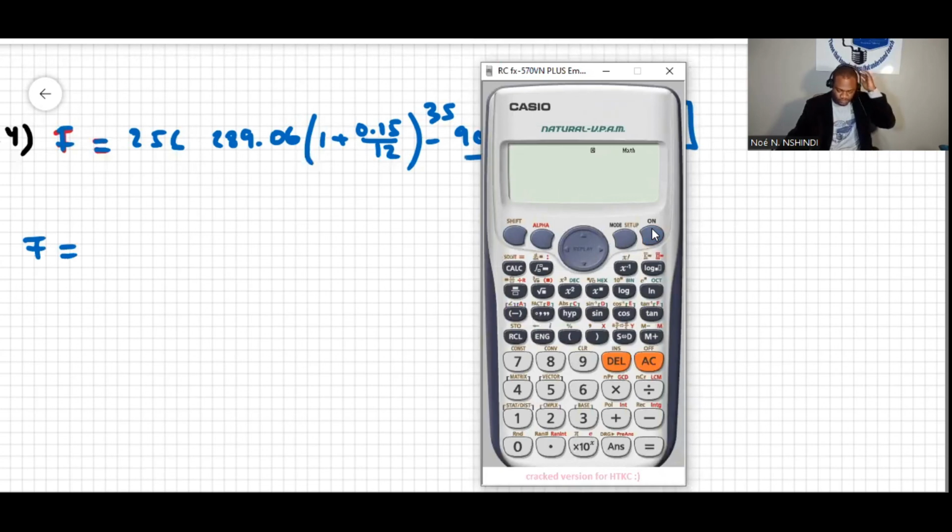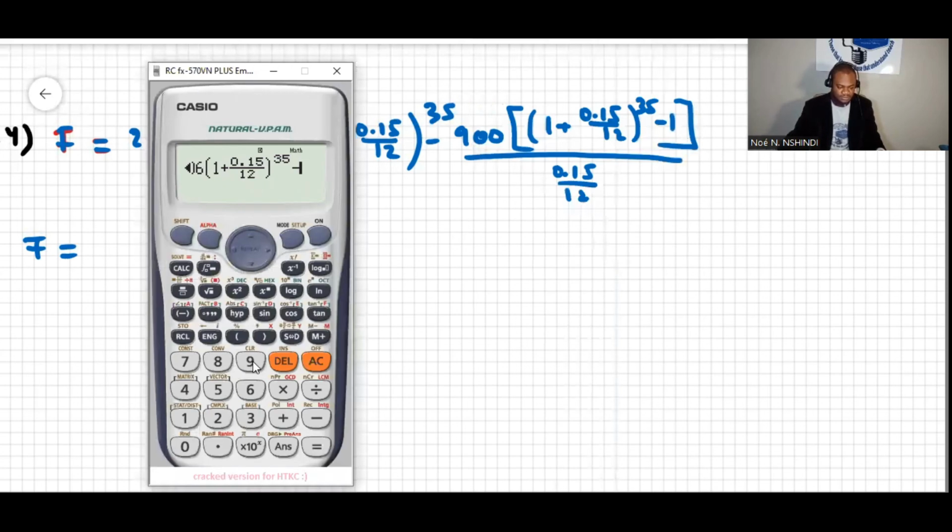So F will be 256,289.06, open brackets here, 1 plus 0.15 over 12, all to the power of 35, minus 9,000, as long as we respect 9,000, open the first round bracket, the second round bracket, here 1, because the calculator takes the square bracket as a round bracket.